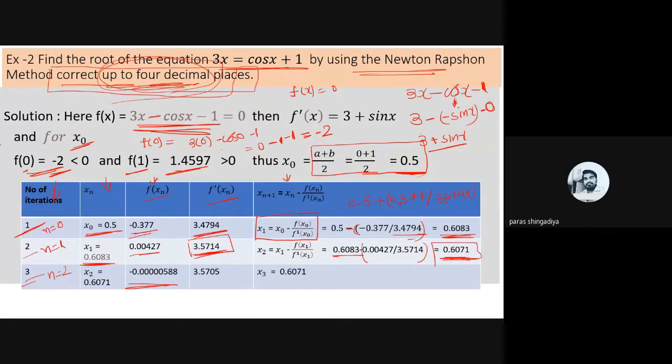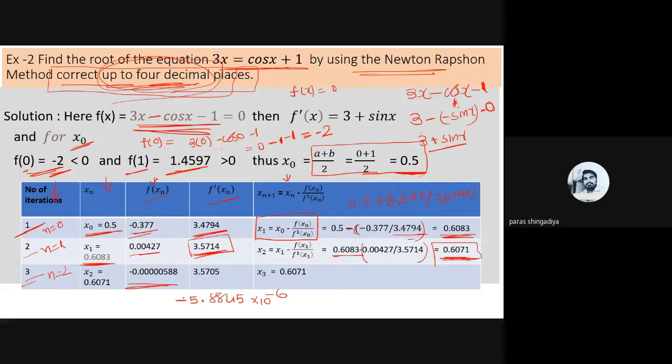In the calculator, without the fix button, you will get the answer in this form: minus 5.8845 into 10 raised to minus 6. That is also a correct answer, in place of the 0.0005888 form.